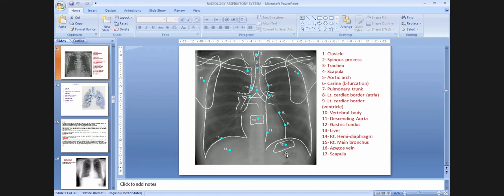So doctor, the right and left hemidiaphragm are like in the middle of the diaphragm? This is the diaphragm, yeah.